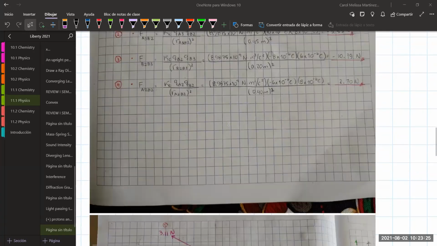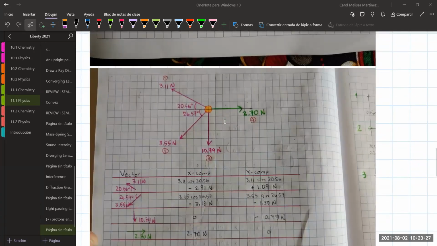So once you have all these forces, you take your sketch apart of B2. Remember that this is B2, okay? And now I will include the arrows, but also the values that are in the arrow. So here I put the values. As you can see here, my values are positive.